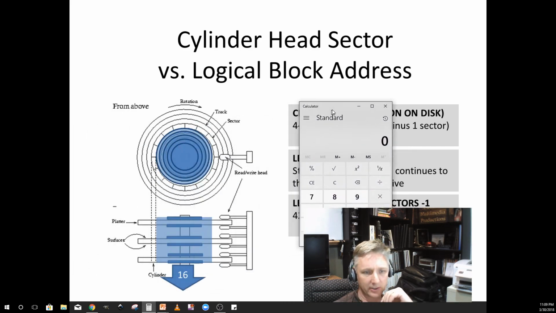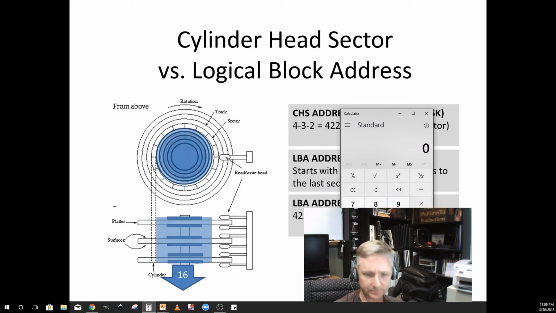So here's our calculator, right? And so if I have 1,020 tracks per platter head, right? So on the top surface of the first platter, I have 1,020 tracks, and I know that there's 63 sectors per track.